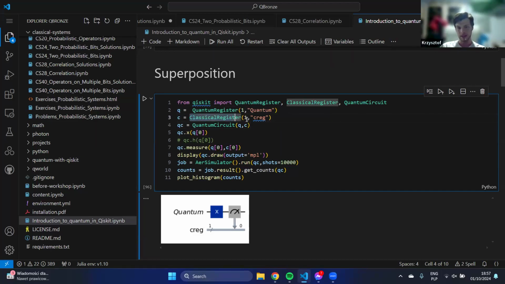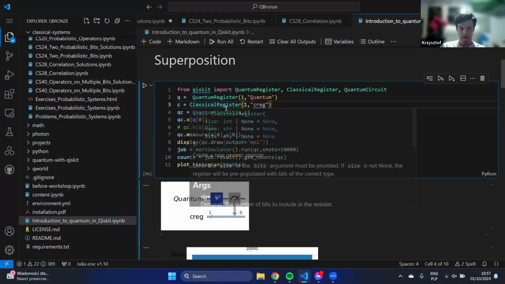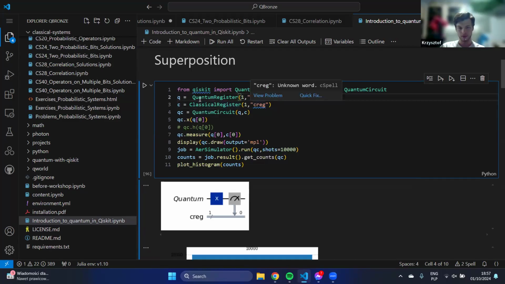We also have a classical register. After measurement of the qubit, we use a classical register, so our classical computer, to tell us whether the result of the measured qubit is 1 or 0. Then from both the quantum register and classical register, we construct a quantum circuit. And we can apply a gate to this quantum circuit.